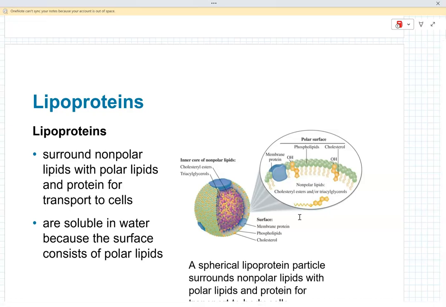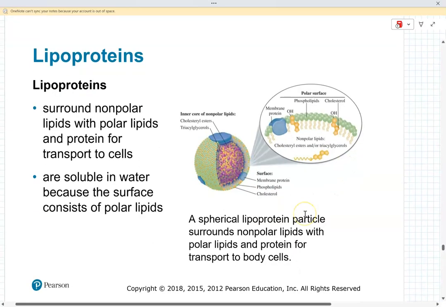So you have to somehow make them polar. So this is the idea. These non-polar compounds, such as fatty acids, monoglycerides, and cholesterol, are transported in the form of lipoproteins, which is a pretty complicated structure, okay?